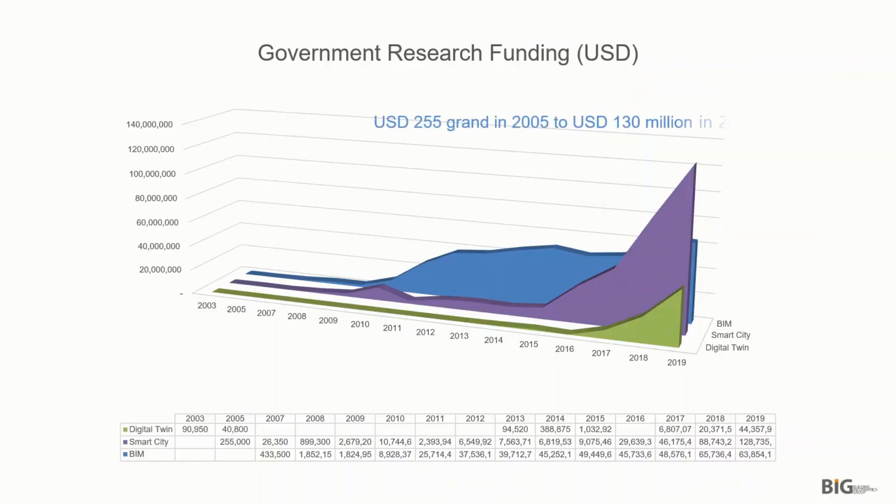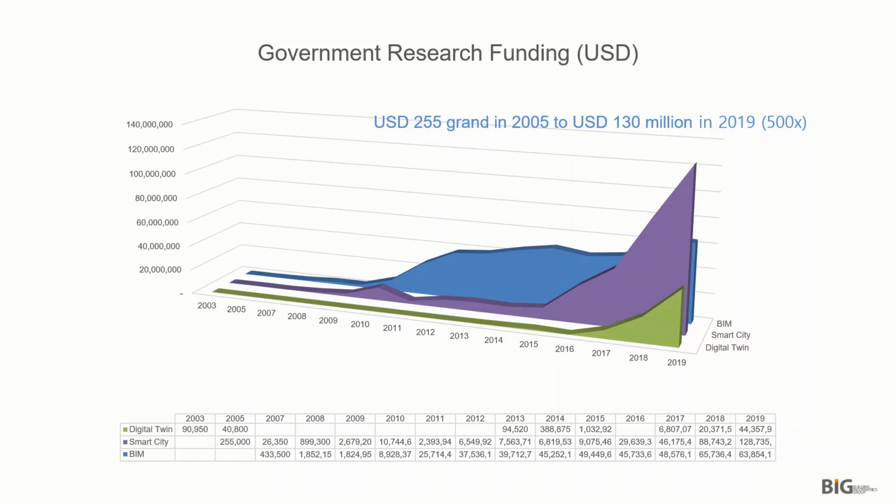If you analyze the government funding for the past 10 years, in 2005 the research funding for digital twin was only $255 US.